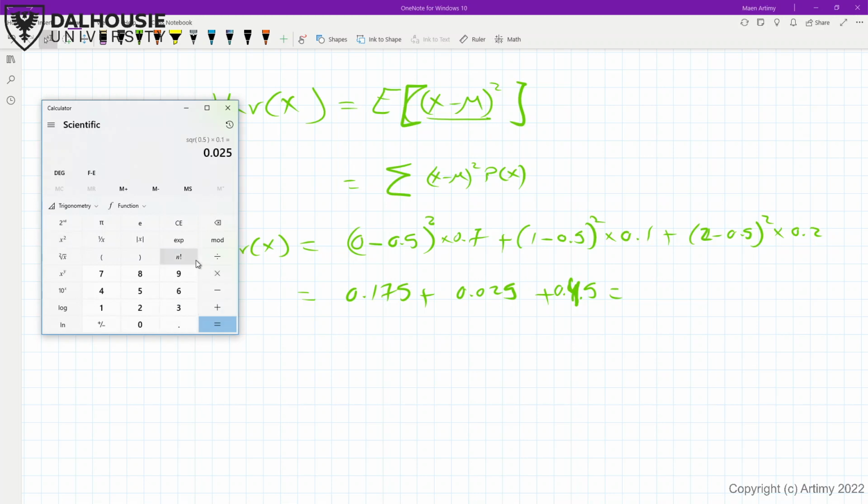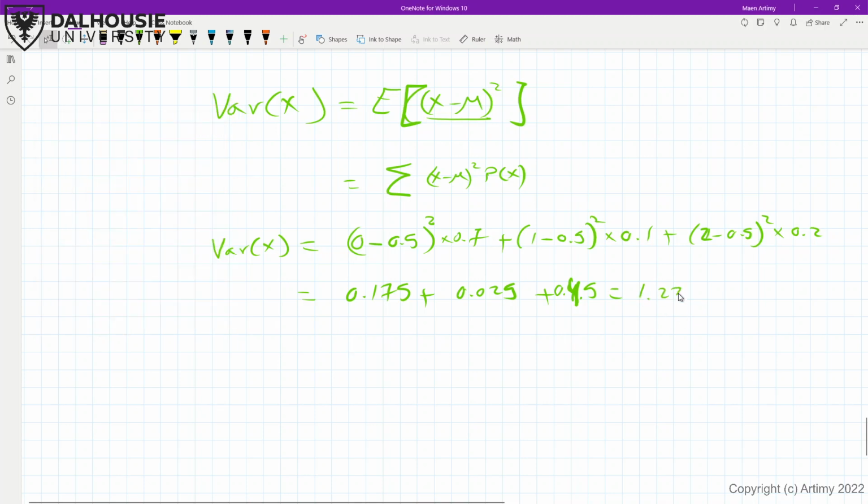All right, so if I add all of these values, it's 1.225.